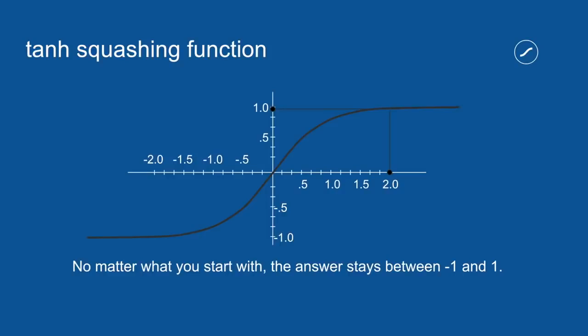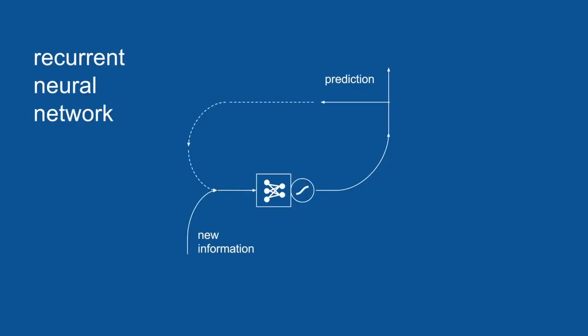No matter what you put in, what comes out is between -1 and 1. So this is really helpful when you have a loop like this, where the same values get processed again and again, day after day. You can imagine if in the course of that processing, say something got voted for twice, it got multiplied by 2, in that case, it would get twice as big every time and very soon blow up to be astronomical.